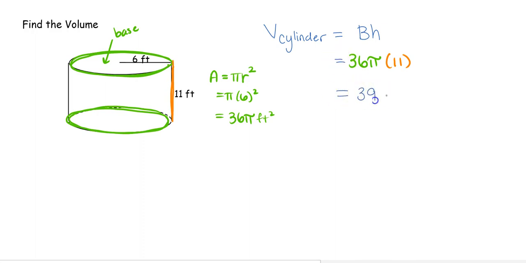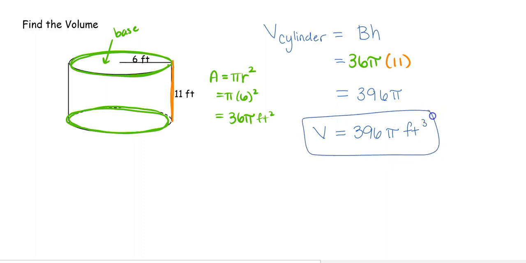So that's 396 pi. Again, that 396 comes from taking 36 and multiplying it by 11, giving us our end volume of 396 pi feet cubed. So when we switch from area to volume, now we have cubic measurements.